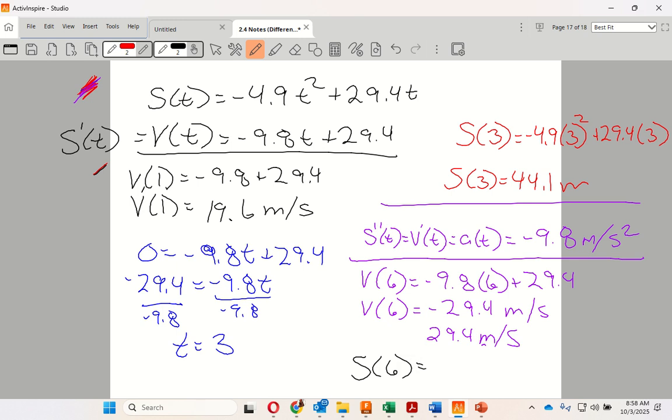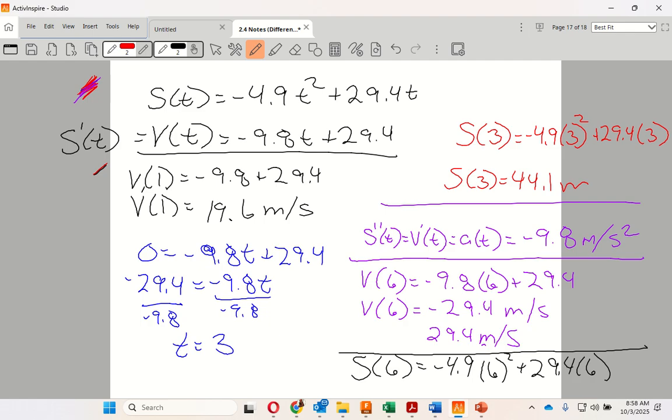S of 6 is negative 4.9 times 6 squared plus 29.4 times 6. Zero.